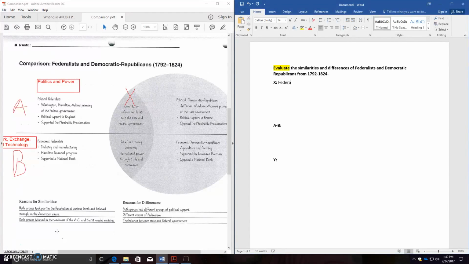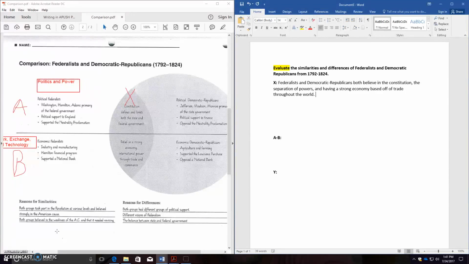So I said, Federalists and Democratic Republicans both believe in the Constitution, the separation of powers, and having a strong economy based off of trade throughout the world.